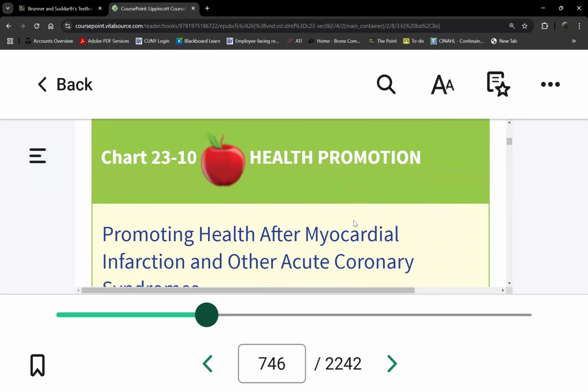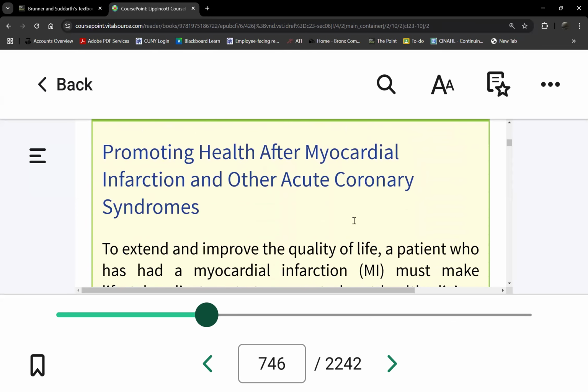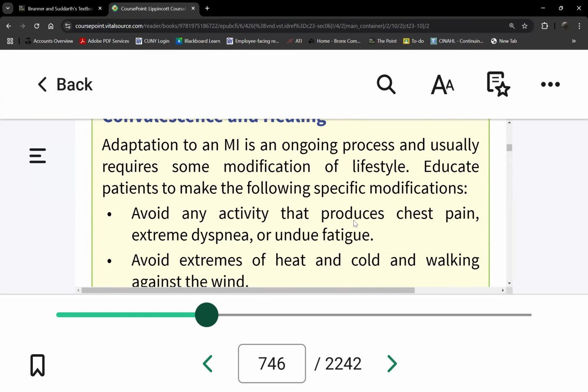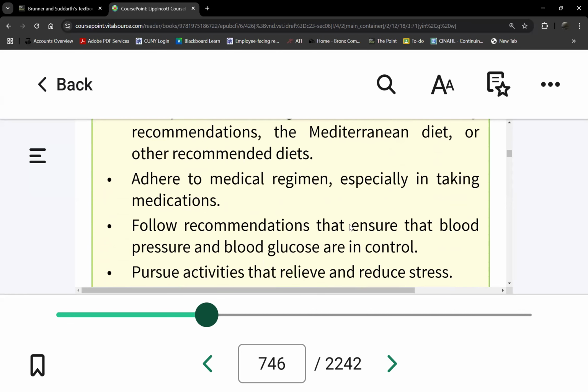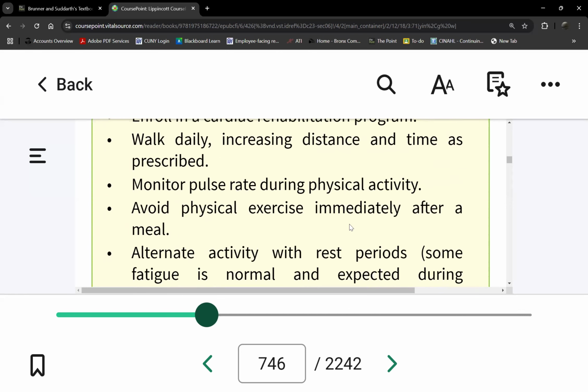Here's teaching for discharge after a heart attack. Please read that on your own. It's about the same: modifying the metabolic syndrome, losing weight, stop smoking.